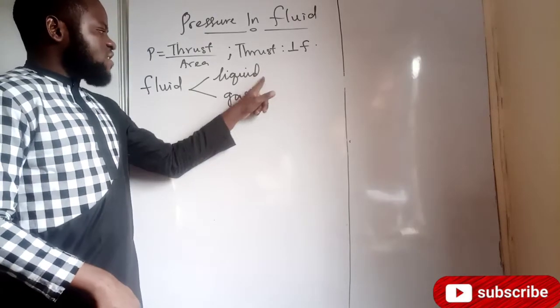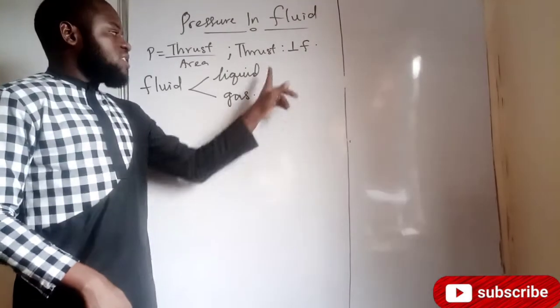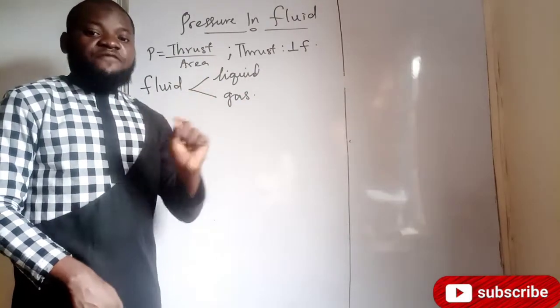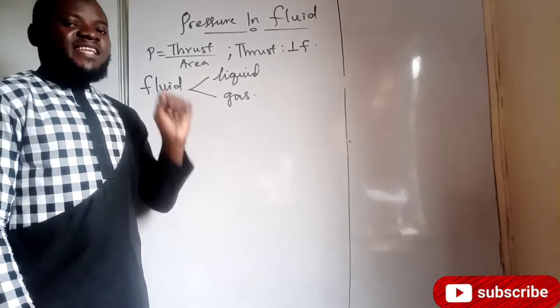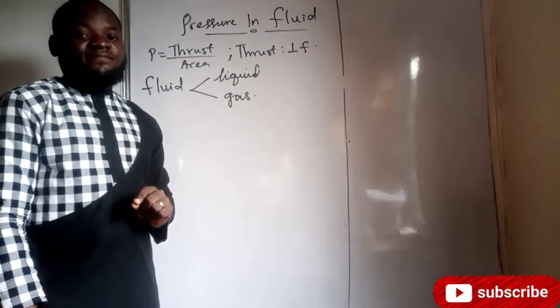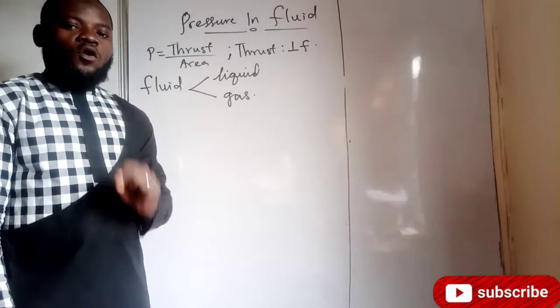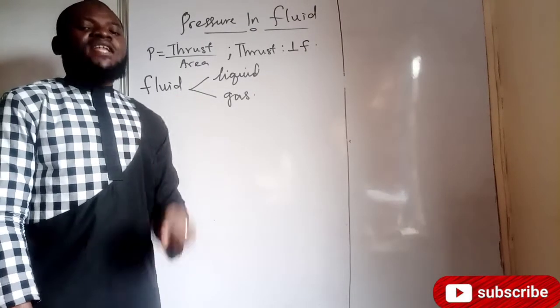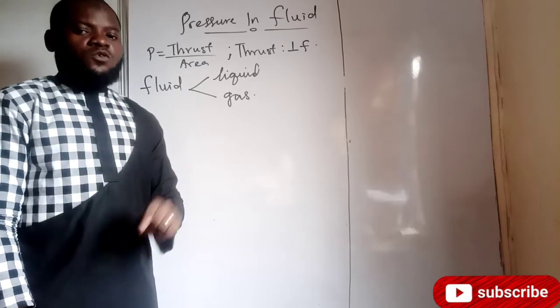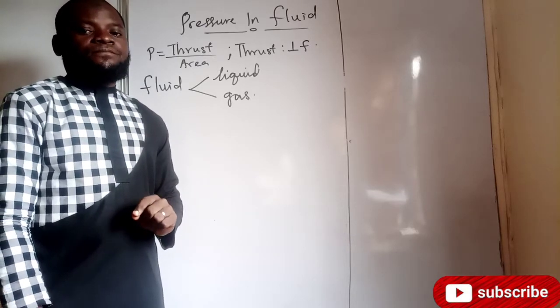Remember these two states, they don't have a definite shape. They take the shape of the container in which they are in. Therefore, let's see how they actually exert pressure on that particular shape in which they are in.